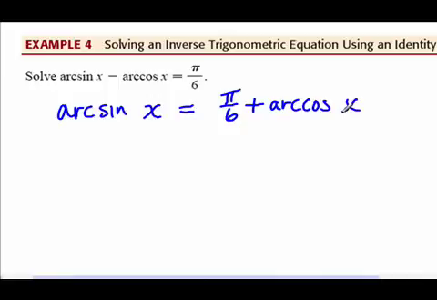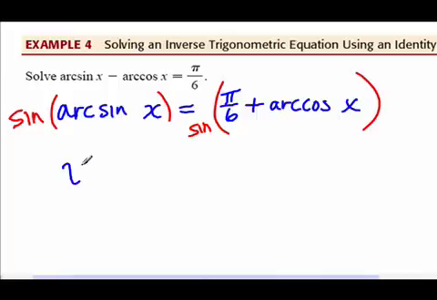Now to get x by itself on the left, let's take the sine of both sides. Let's take the sine of the left and the sine of the right. I'll do the left. You can see what happens on the left: sine and arc sine cancel each other out and you're left with x.